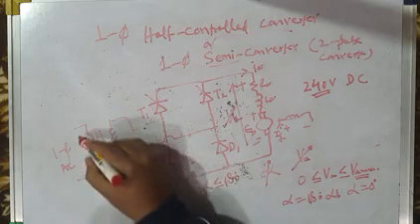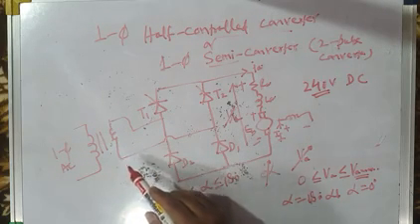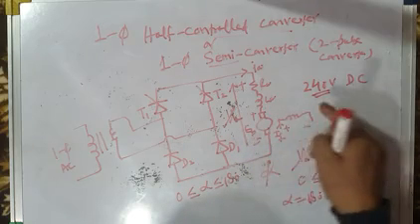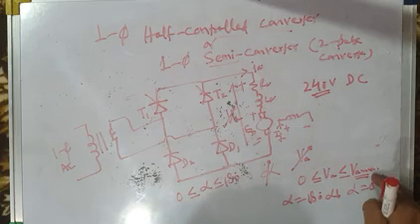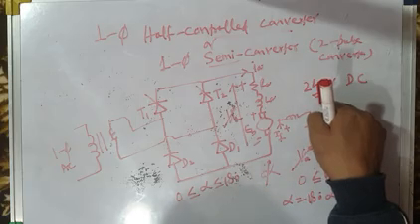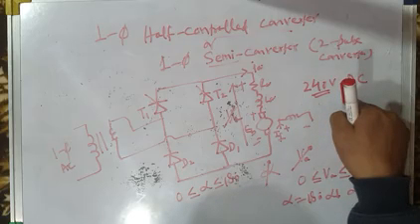Remember, when you choose a step down transformer here, you have to choose it in such a way that for alpha equal to 0, the minimum delay angle, you get the maximum armature voltage, and that maximum armature voltage VA max should be equal to the rated voltage of the motor, say 240 volts.